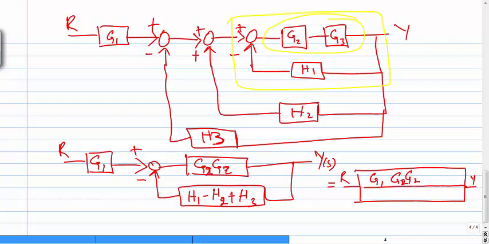This is G2 and this is G3. Now for feedback, I have to come in the loop, and I say 1 plus, in the loop we have G2 G3 times H1 minus H2 plus H3. So this is the solution we get by simplifying this block diagram.